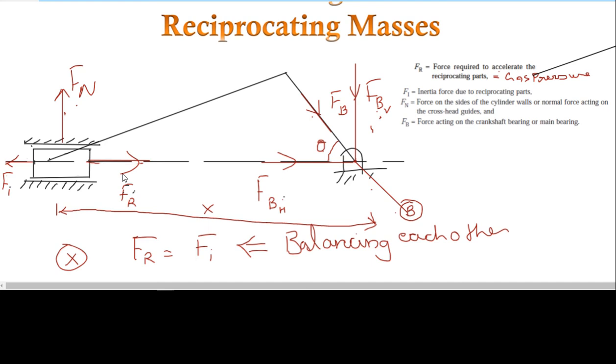Actually both of these will be equal to Fi. Fr will be equal to Fi and Fbh will be equal to Fi. But we have only considered Fr to cancel out the force required to accelerate the reciprocating parts, we have equated it to Fi, and we have taken out this entire unbalanced force, and we are left with this Fbh. But numerically, Fbh will be equal to Fi, equal to Fr, equal to Fbh.